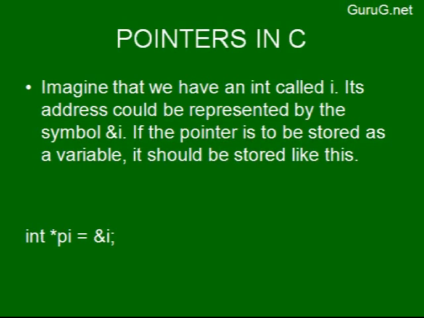Here the ampersand symbol will give the address, and this pointer will store that particular address. If we call the value, then the value that is available in this particular address will be returned.